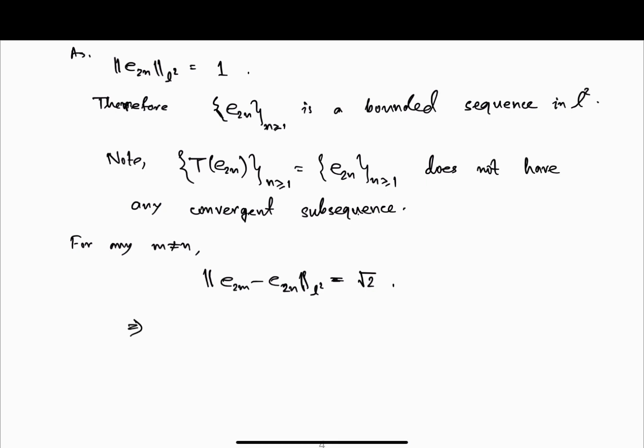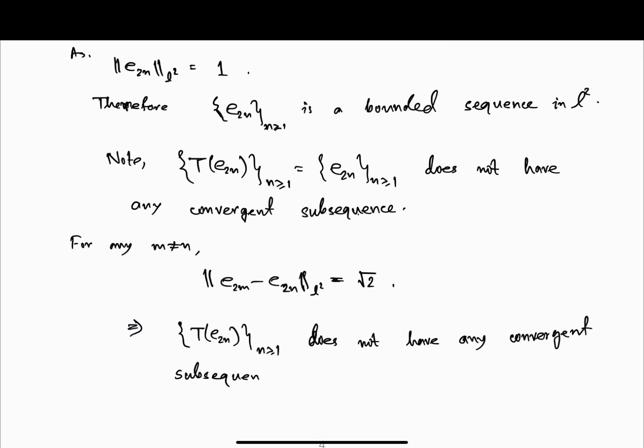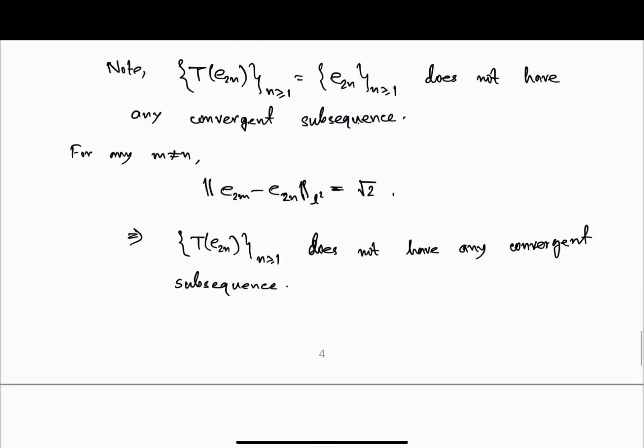Which implies T of E2n for n greater than 1 does not have any convergent subsequence, which implies that T is not a compact operator.